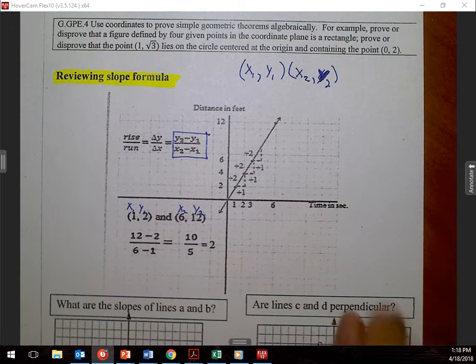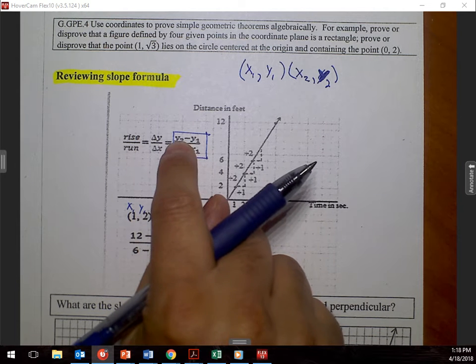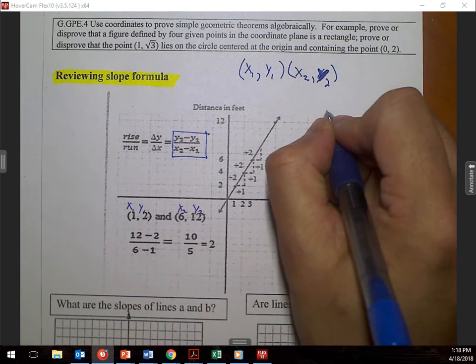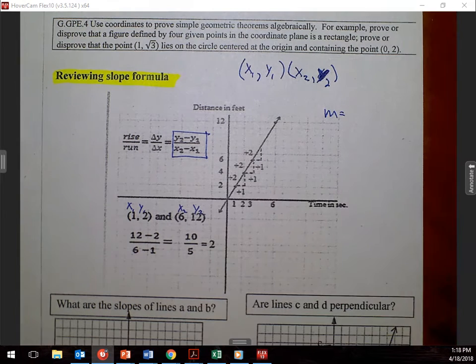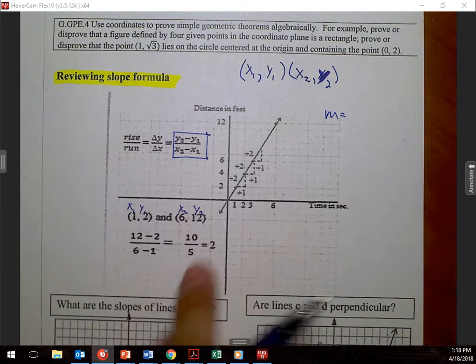From this problem, I'm going to have to use this formula: y2 minus y1. My slope, which is normally referred to with the letter m, is my rise over run, my delta y over delta x.